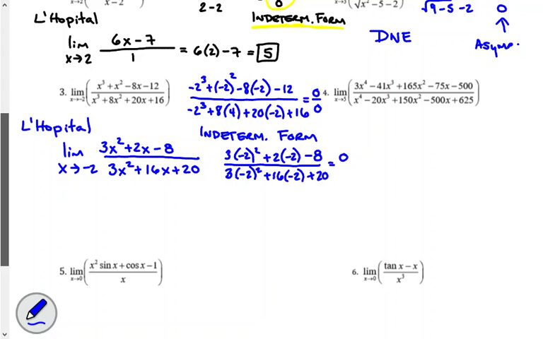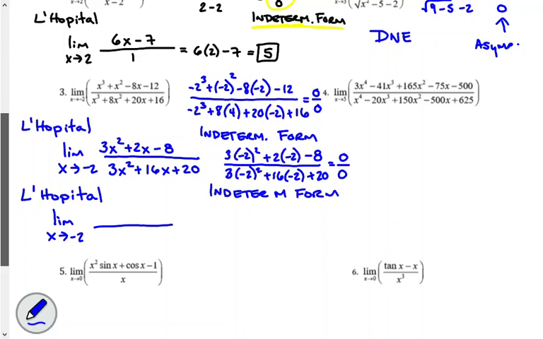Well, you definitely get 0 on the top, and on the bottom you get 0 too. Okay, so we've got another indeterminate form. We do L'Hopital's again. 6x plus 2 over 6x plus 16.